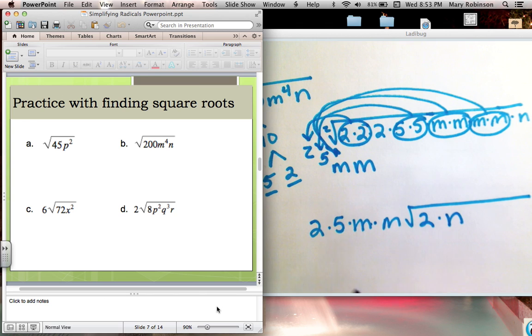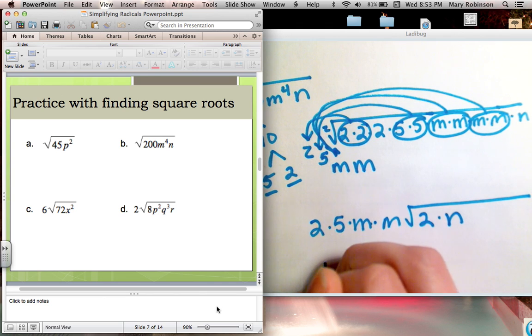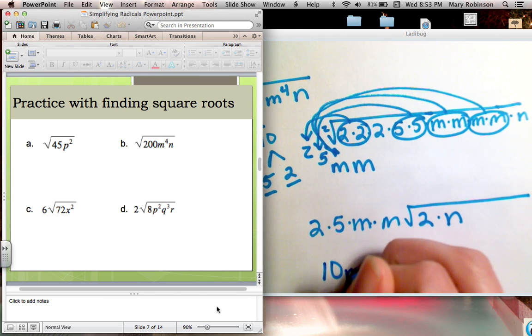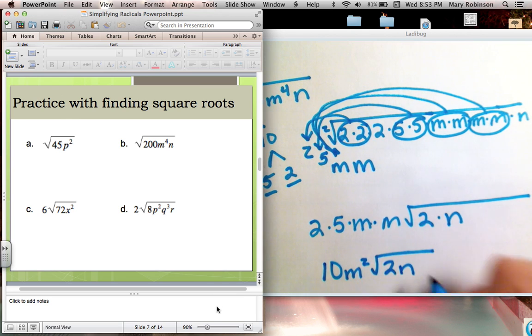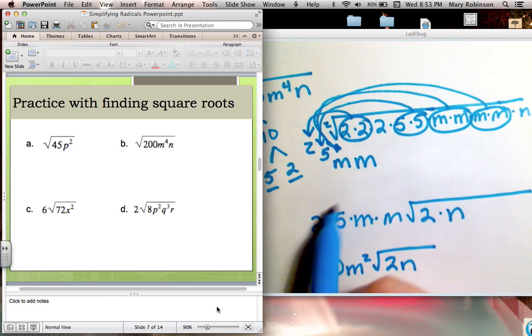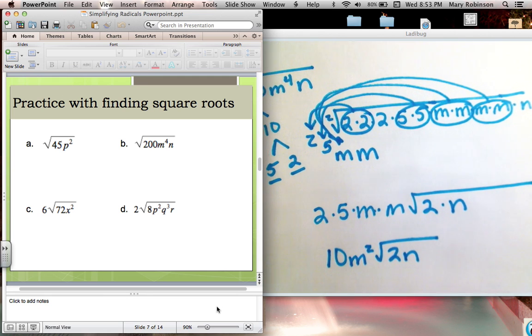When we simplify this, 2 times 5 is 10. M times M is M squared, and then 2N. So make sure you multiply everything on the inside and everything on the outside to put it in simplest form.